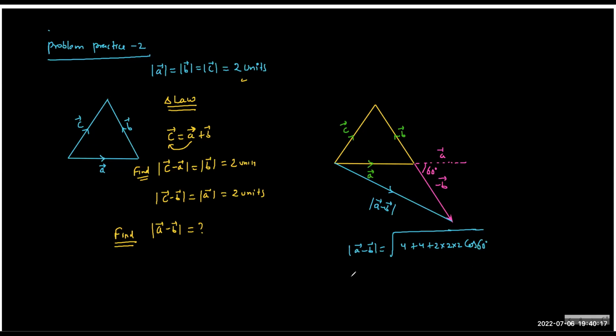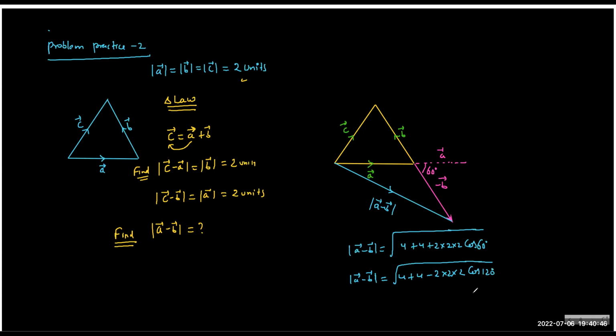Or you could have written the old formula: A square plus B square minus 2AB into cos of the angle between A and B, which is 120.